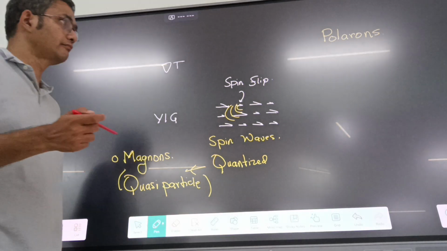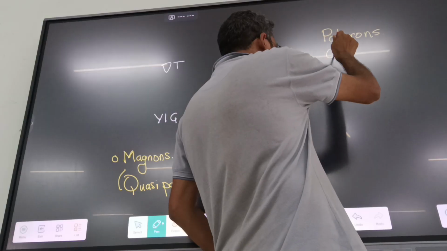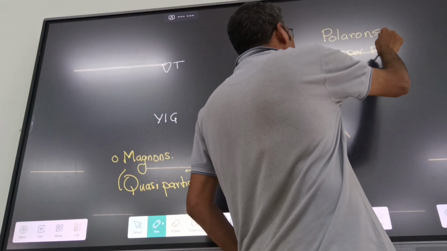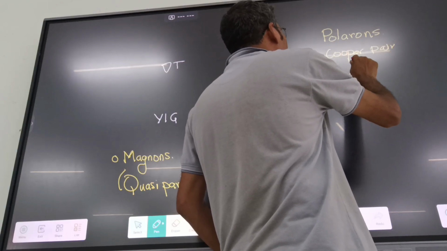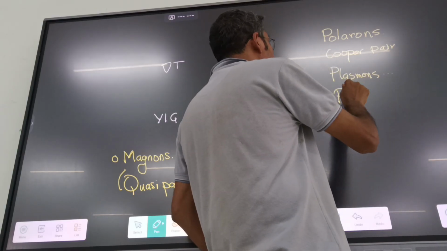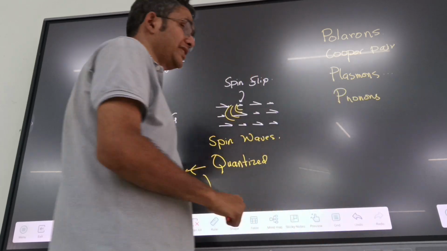ठीक है, there is something called Cooper pair. You know what is Cooper pair? Cooper pair, plasmon, phonons, lattice vibrations. All these are possible particles.